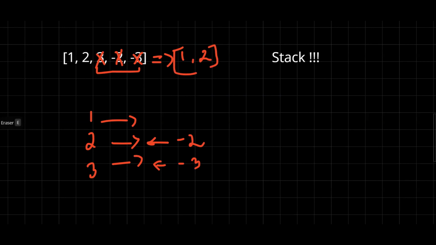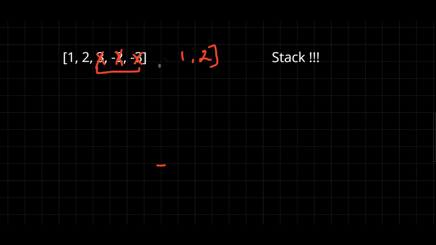Now let us understand how we can solve this problem by using the stack data structure. To solve this problem, at first, let us take one stack. Now, we have to iterate over all of the elements from left to right in the given array. Suppose our current position is this element, which is 1, so it is positive, right?